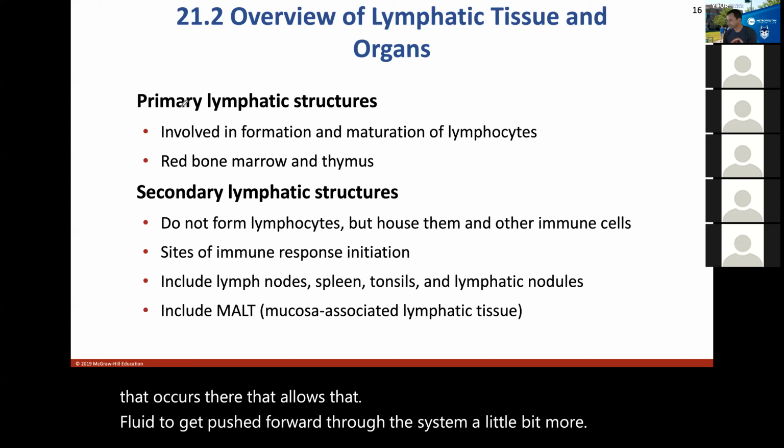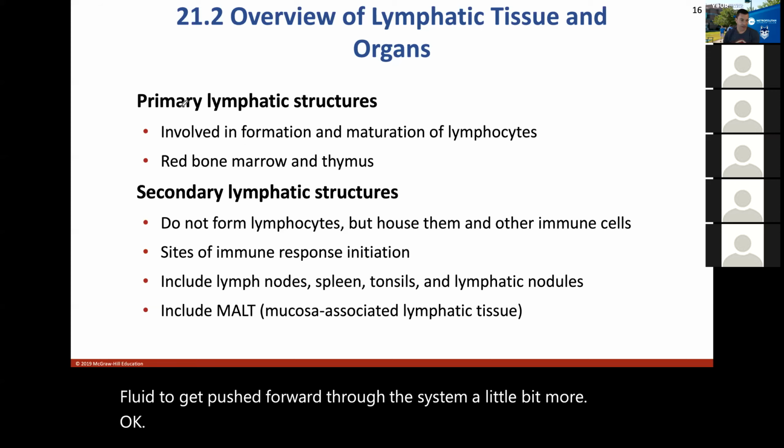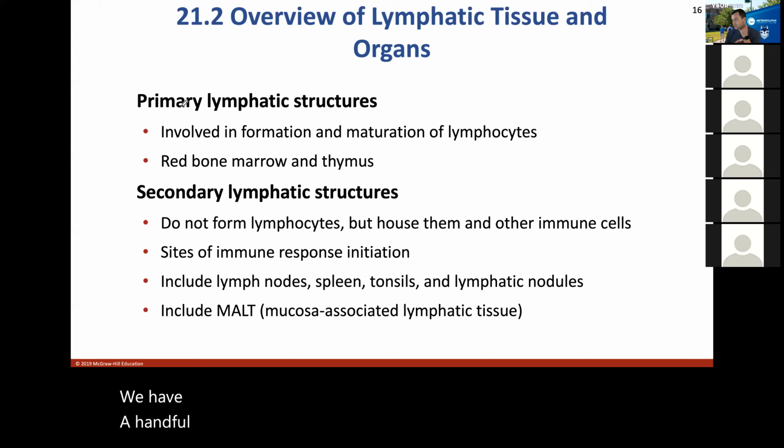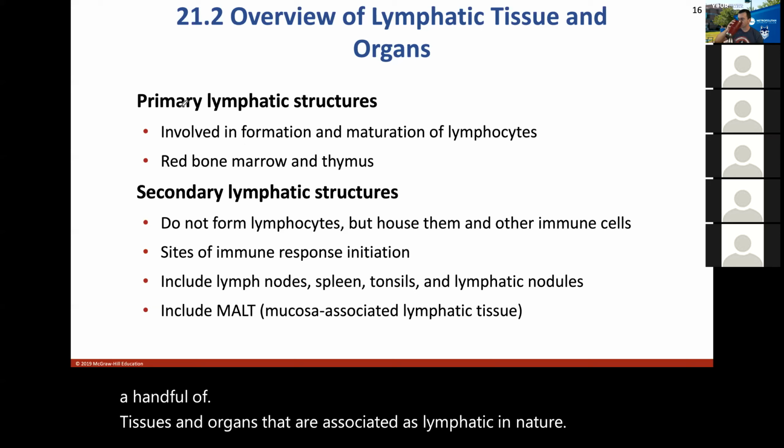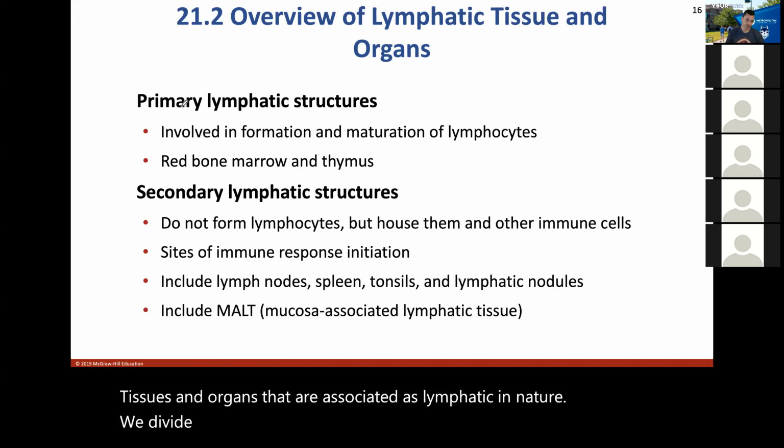Okay. We have a handful of tissues and organs that are associated as lymphatic in nature. We divide them up one way: do they form the cells associated with the lymphatic system?